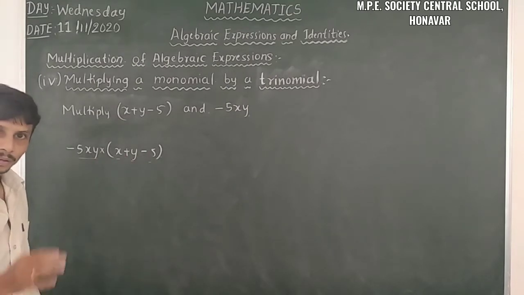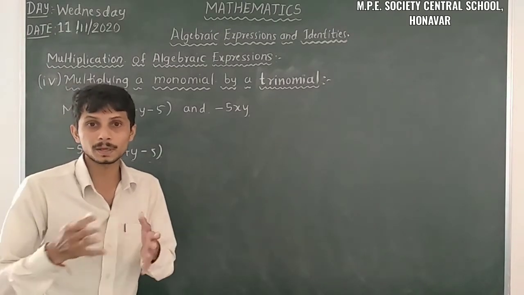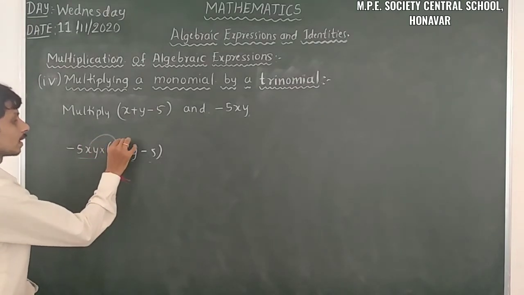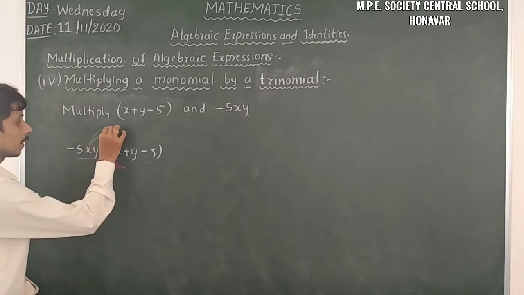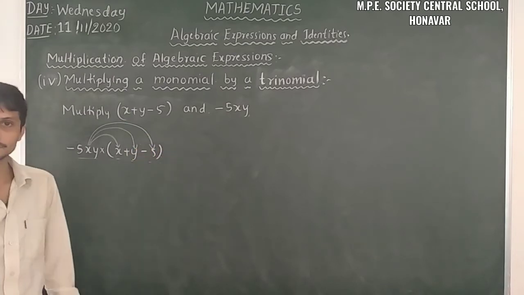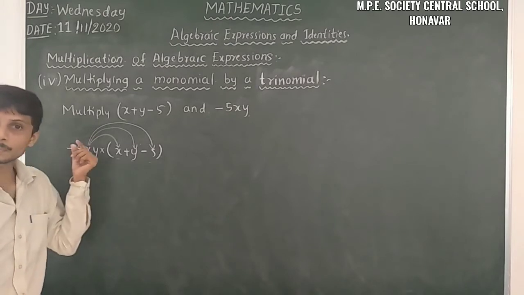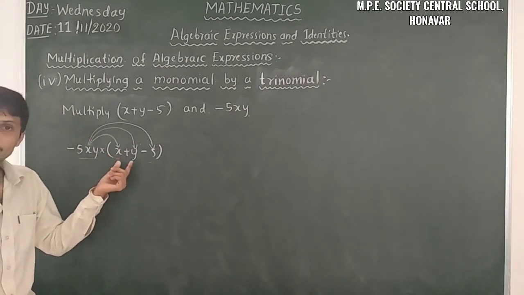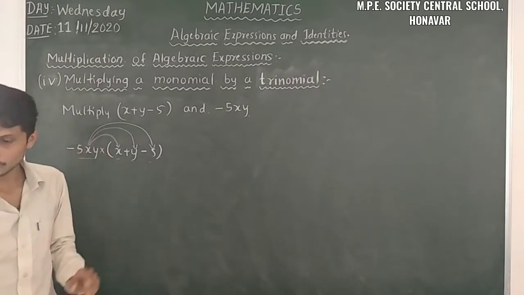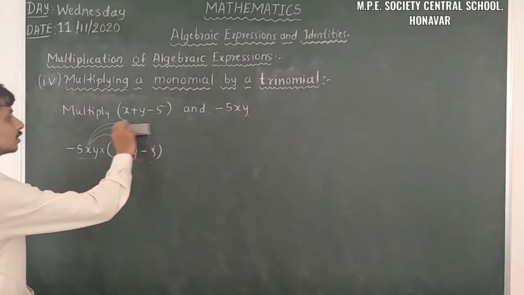Likewise the method we learnt for multiplying a monomial by a binomial, we also take 5xy into x, then minus 5xy into y, and minus 5xy into minus 5, along with the suitable sign. Since minus is there, after multiplication we have to be aware of the possible signs. I will rub this part, don't write it again and again, because it is understood.